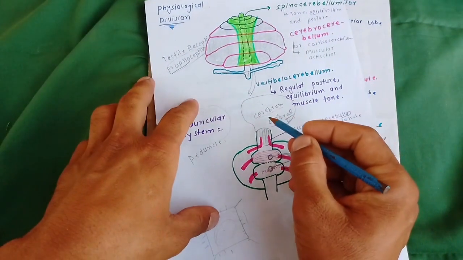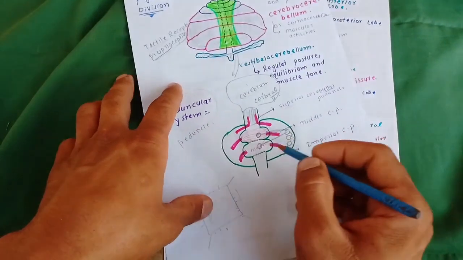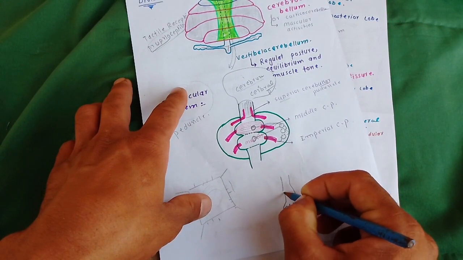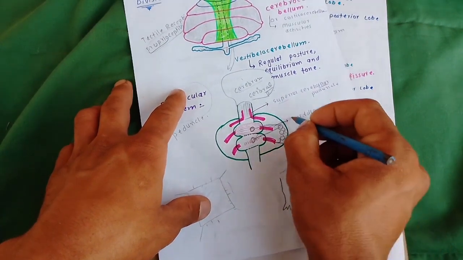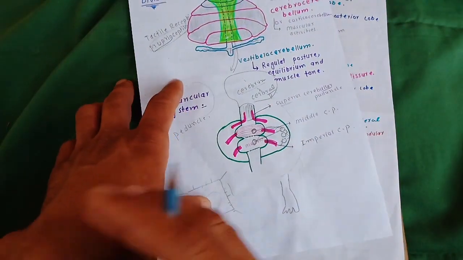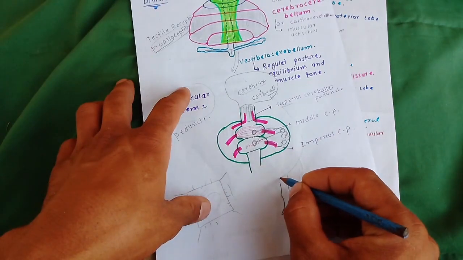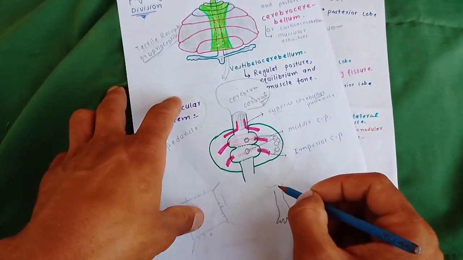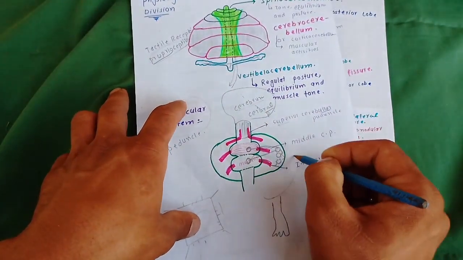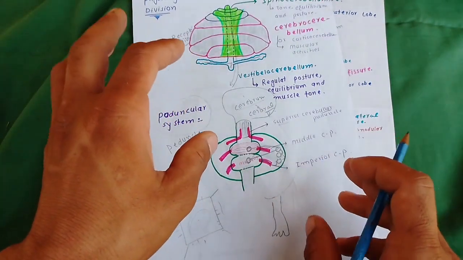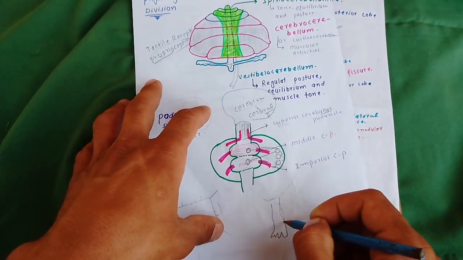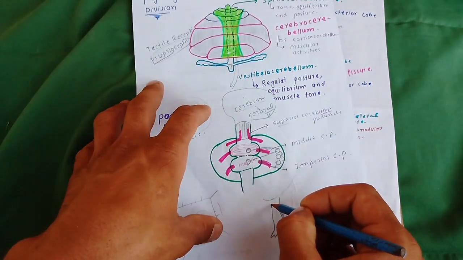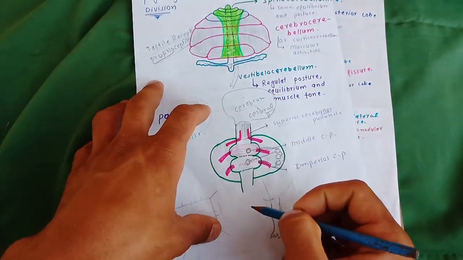So during damping movement, suppose the message from our leg, the contraction and relaxation of the muscle of this limb, goes to the cerebrum and also goes toward the cerebellum.